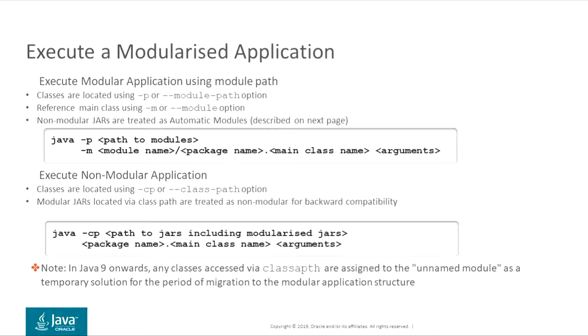Anything that's in the class path is one unnamed module. That allows you to take existing legacy jars that are not modules and use them in a modularized world as if they are modules. Because you can use the class path and -p, the module path, simultaneously.